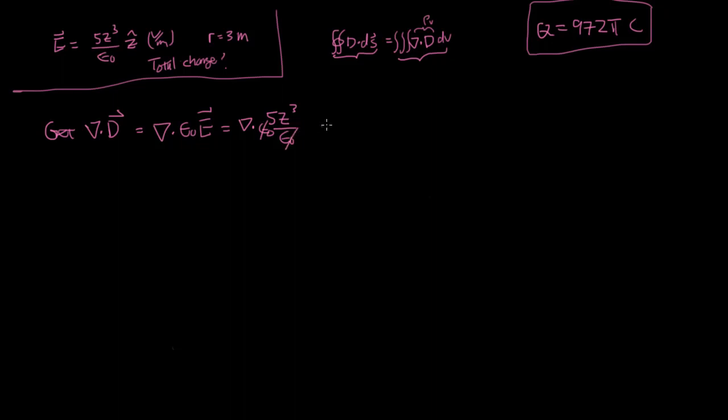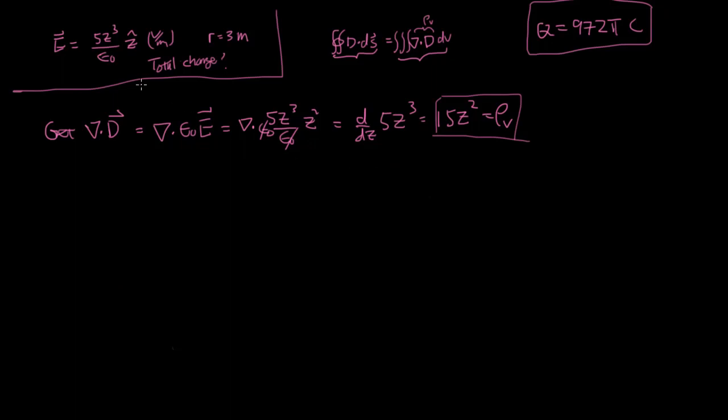The epsilon naughts cancel. Z hat, which is going to be d by dz of 5z to the third, which is going to be 15z squared. And remember, the divergence of D gives us the charge density that enables us to have the field that we're observing, or the electric flux density that we're observing.